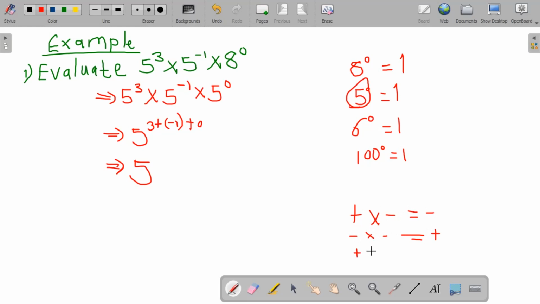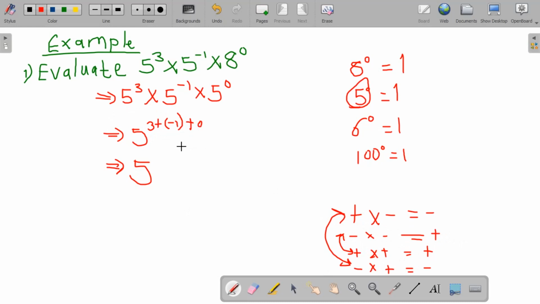Positive multiplied by positive gives us positive. Negative multiplied by positive gives us negative. So different signs give negative, and same signs give positive. These are the rules that we're going to use as well. So negative multiplied by positive is negative.